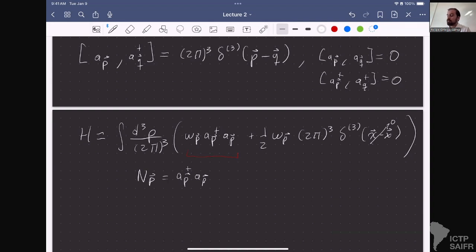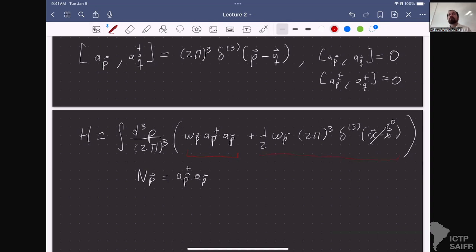So this counts the number of particles with a certain momentum and then multiplies them by the energy and then sums over all of those. So that's an easy term to understand. This is what you would naively expect for the energy of a free system. The second term is the energy of the zero point.